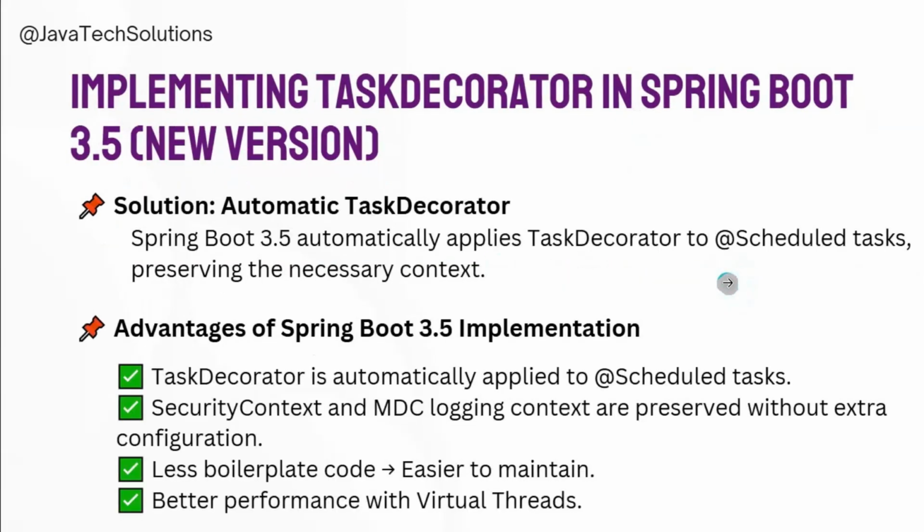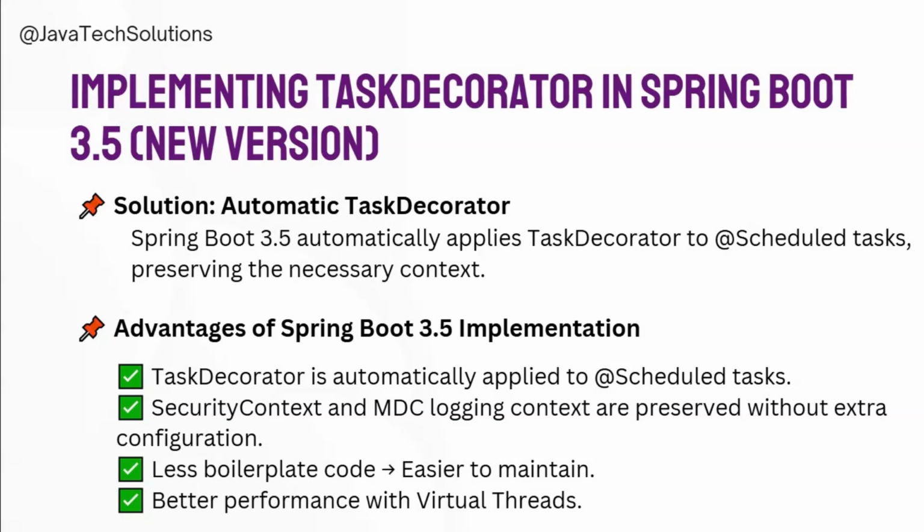Now, implementing the TaskDecorator in Spring Boot 3.5, the new version, it automatically applies the TaskDecorator whenever we implement any scheduled tasks. It also preserves the necessary context. What is the advantage? The TaskDecorator is automatically applied to the scheduled task, so we don't need to write manual code.